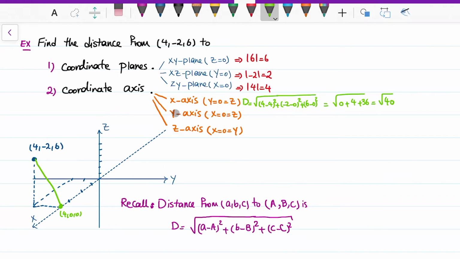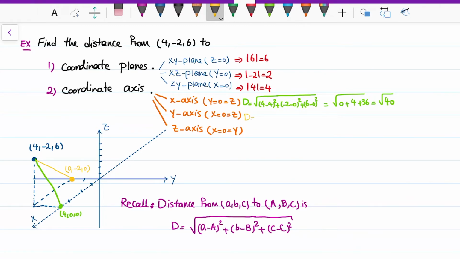Okay, now the distance from the point to the y-axis. What is the closest point? The closest point would be this point. Okay, and here. So what is this point? This point doesn't have any x value. So x value would be actually 0, and then -2, and then z is equal to 0 as well.